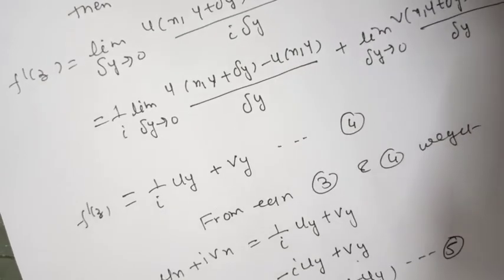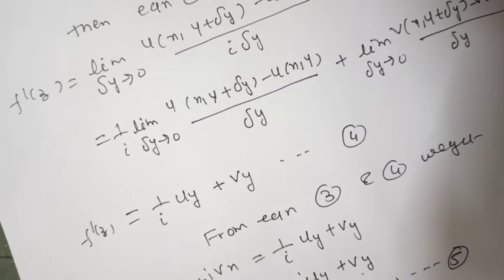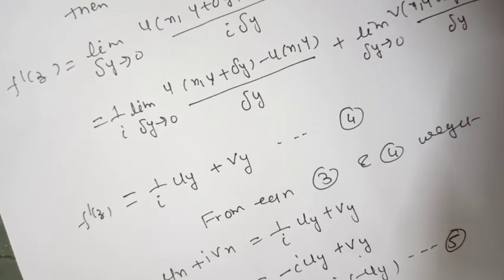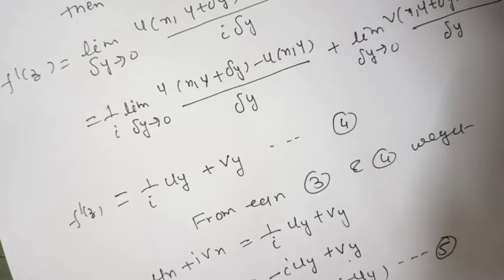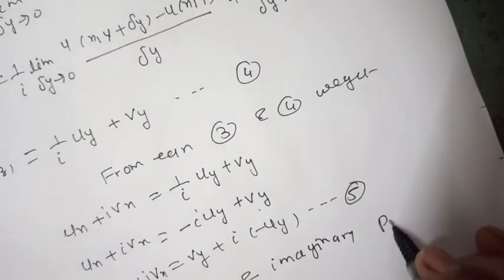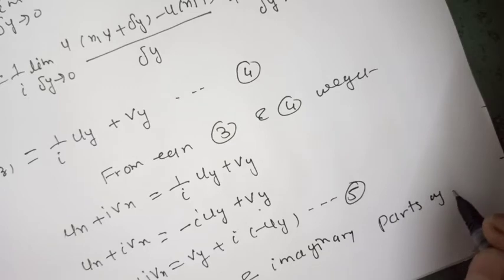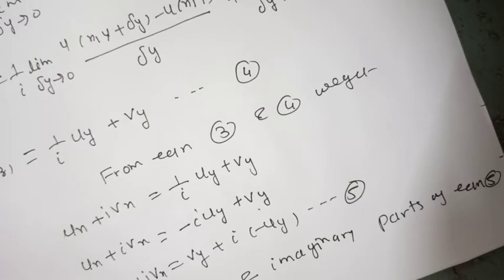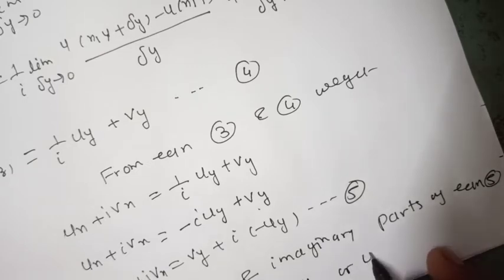This is equation 5. Now this is the equation in real and imaginary parts, so equating the real and imaginary parts of equation 5, we get ux equal to vy and vx equal to minus uy, or uy equal to minus of vx.